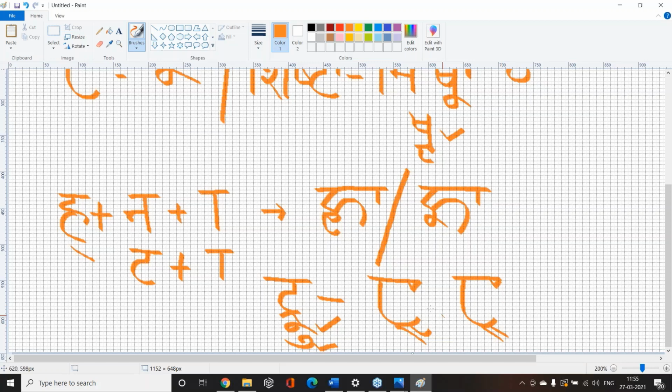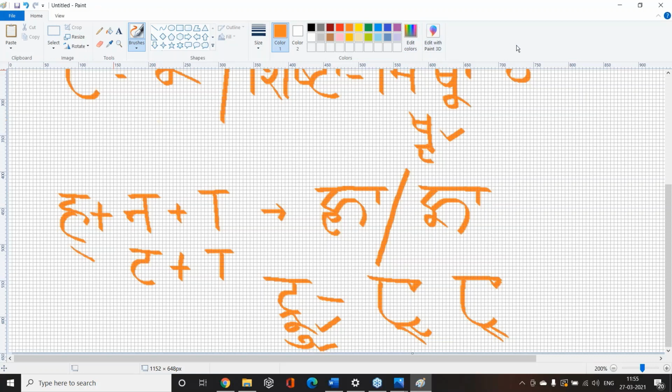Gargiji is mentioning that if it is tru and tru, second ta. So what I understand is, if there are two letters, like a conjunct of half ta that also has a u, and a full ta that also has a u.